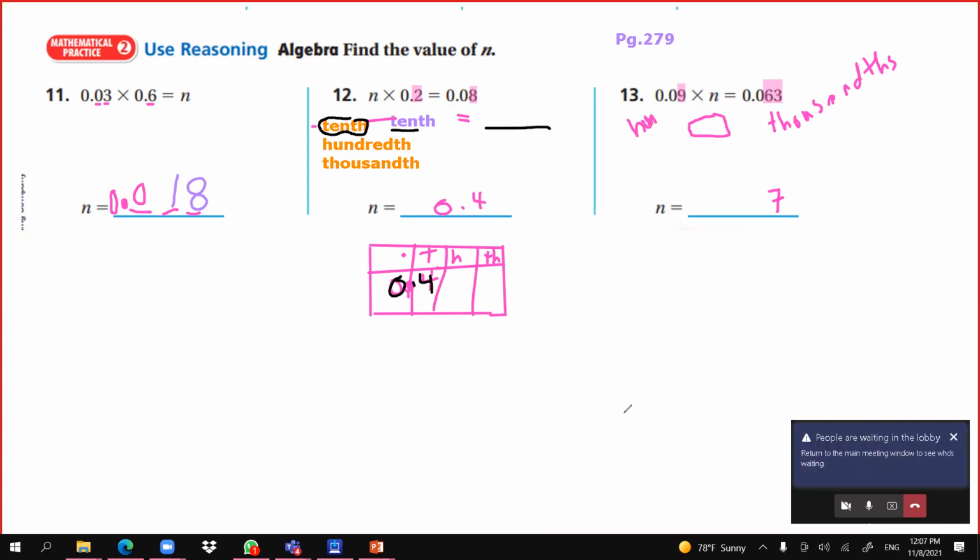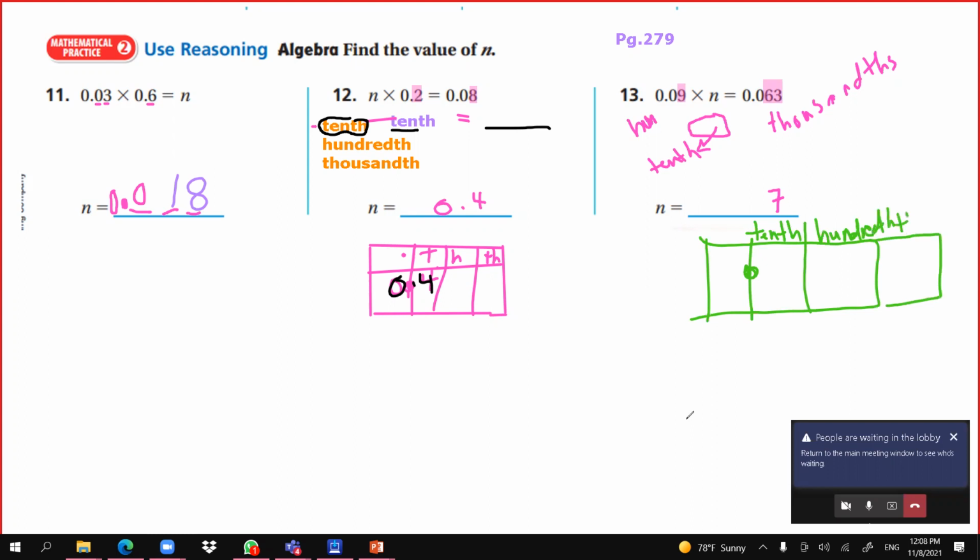By 10. Bravo. When you're multiplying the hundredths by 10, you get thousandths. So that means if I draw the table here, I have to put here the decimal point. Here we have the tenths. Here we have the hundredths. And here is the thousandths.